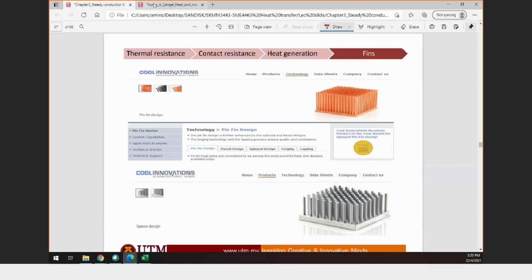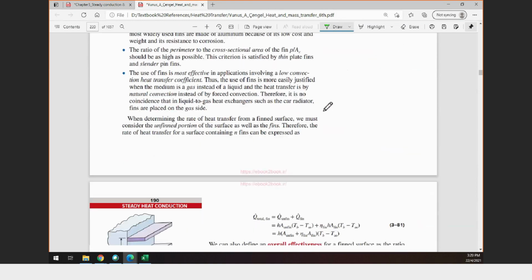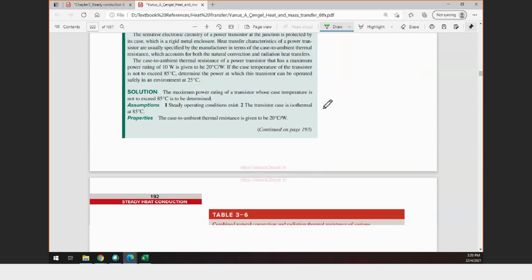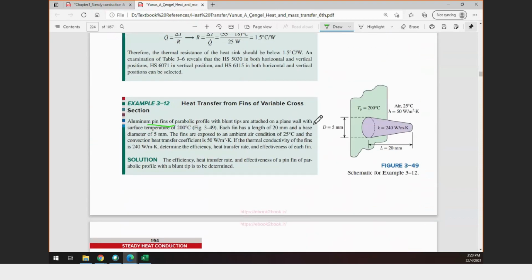If you look at this pin fin in the example, it has a parabolic profile. What is meant by parabolic profile? It has a large area at the beginning, at the base, and a small area as you move towards the fin tip.